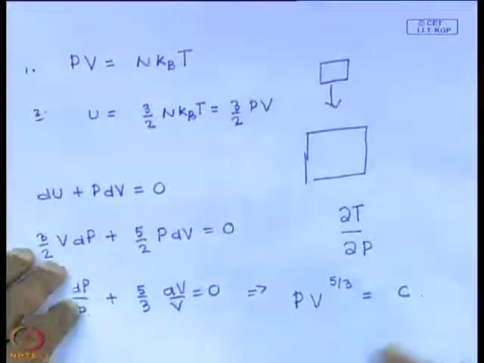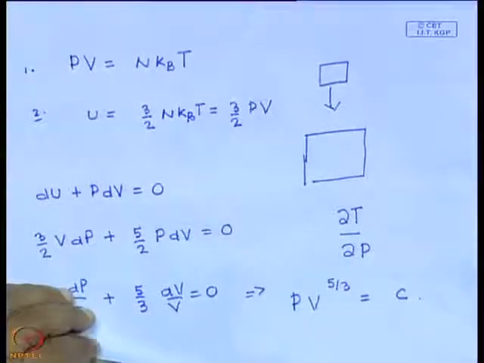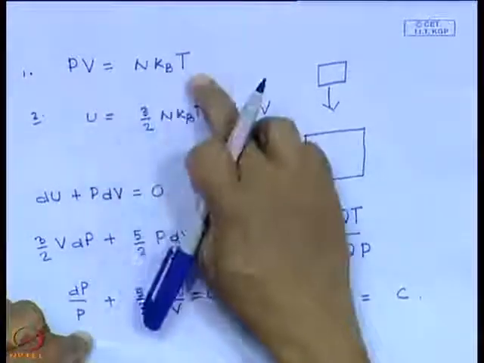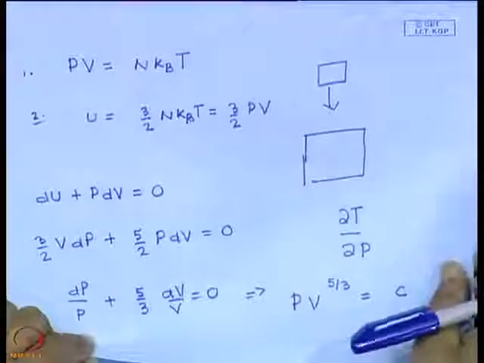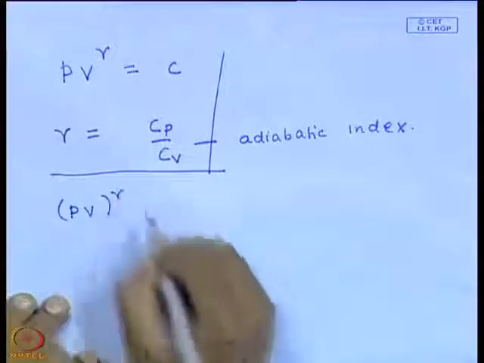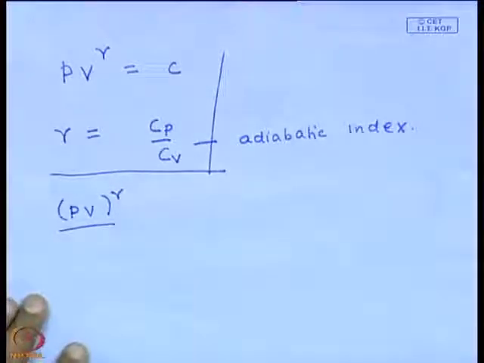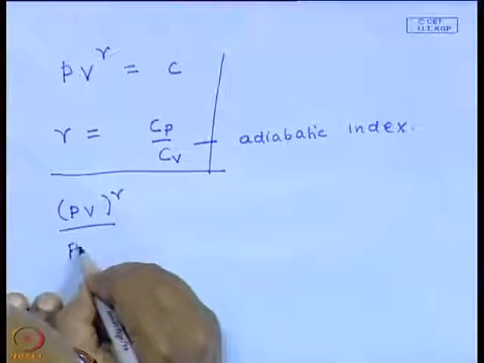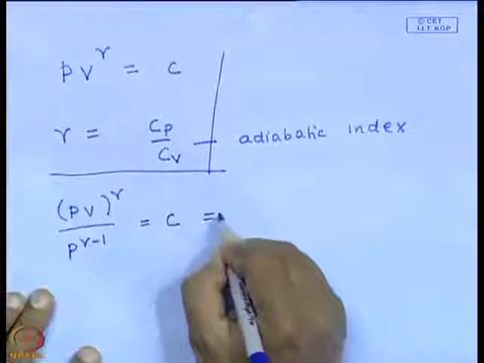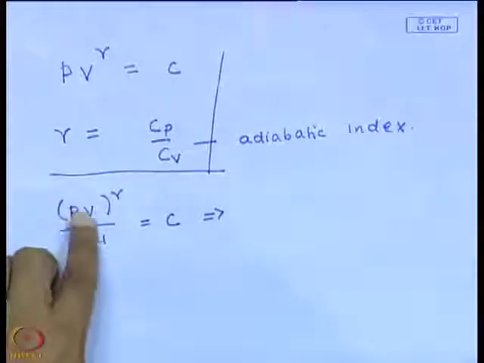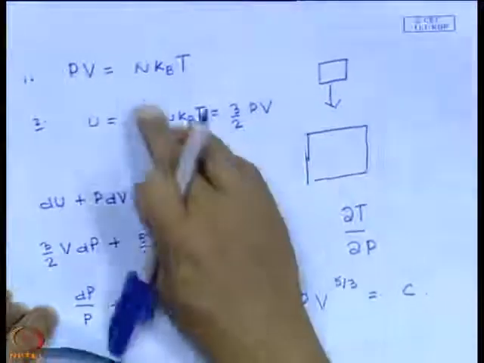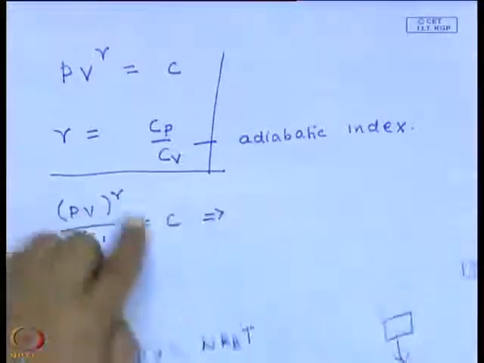Now we would like to evaluate del T del P, and we have to use this. So we know that PV is equal to N kB T. So I can write this as PV to the power gamma divided by P to the power gamma minus 1 is equal to C, which essentially tells us I can replace this by N k T, and these factors of N and k are constant, so I can absorb them inside this constant.